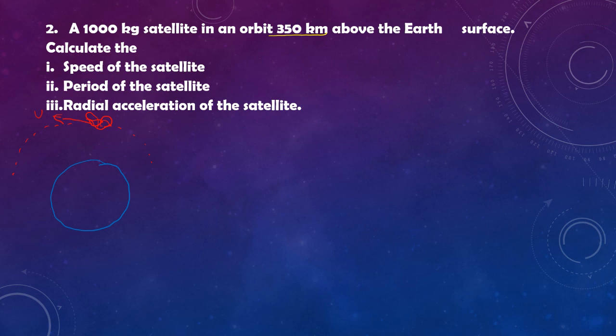The type of force involved in this motion is the gravitational force Fg, which is always directed to the center of the Earth. This is the center of the Earth.